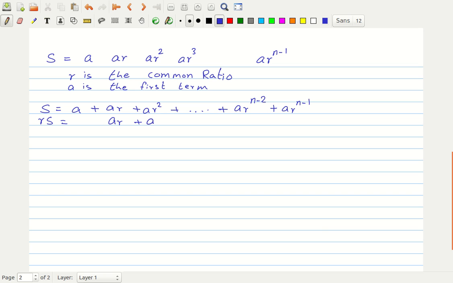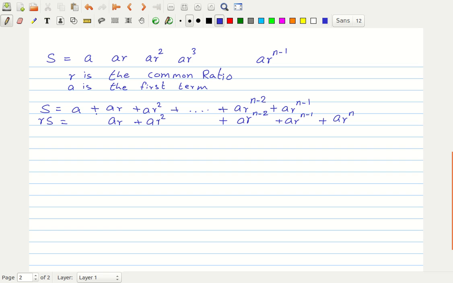So, this I will write below this, and similarly the n minus 1th term will be multiplied by R and become AR to the n minus 1, the n minus 2nd term will become AR to the n minus 2, and the nth term will become AR to the n.